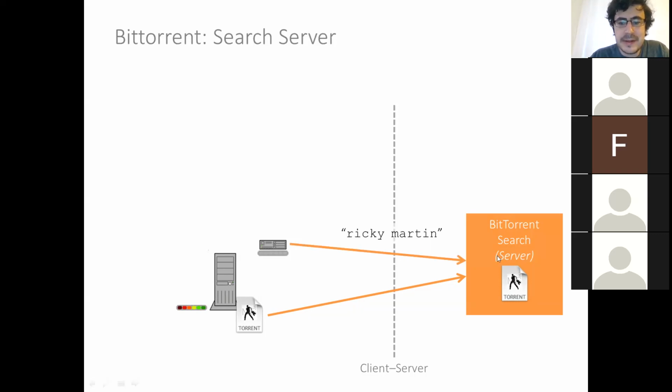Later, if a peer is interested in Ricky Martin's new album, they can search for Ricky Martin in the BitTorrent search server. Examples of this would be the Pirate Bay, and there are various others. So they fetch the torrent file that was originally shared by this peer.